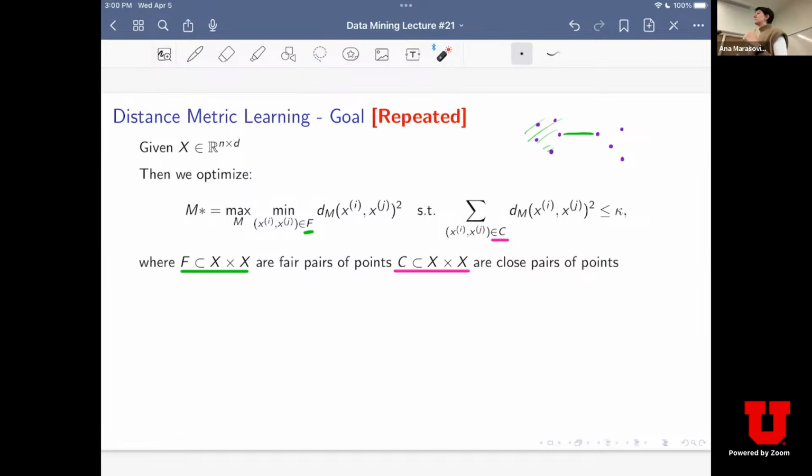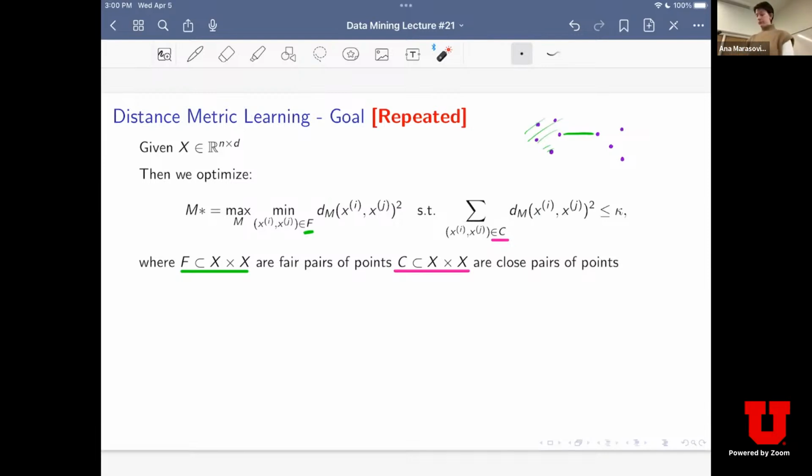The distances between close points are going to be smaller than kappa, and we are going to maximize the far points distances. But I think the confusing part is that we didn't get to the algorithm yet. So when we come to the algorithm, from the algorithm we will get the partition. But so far, we are just talking about these things as if we have them while we are still not having them.